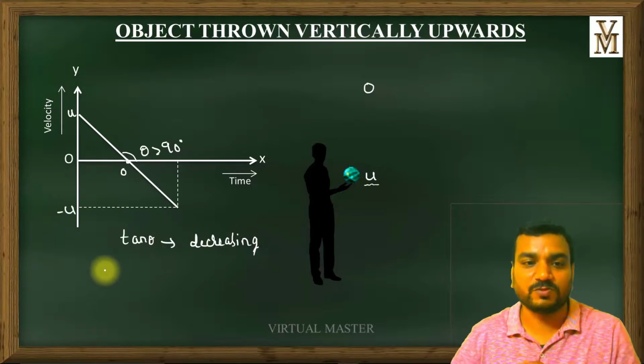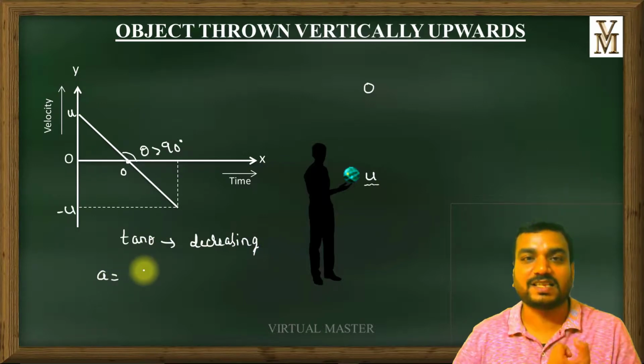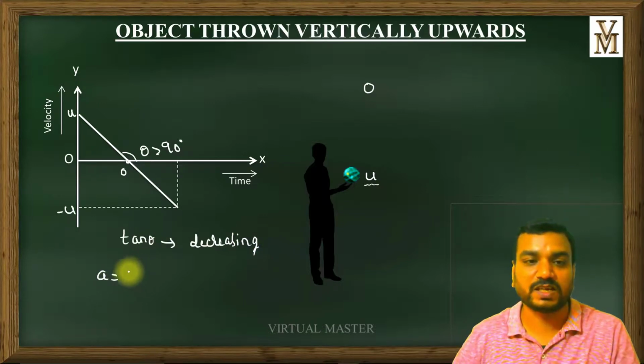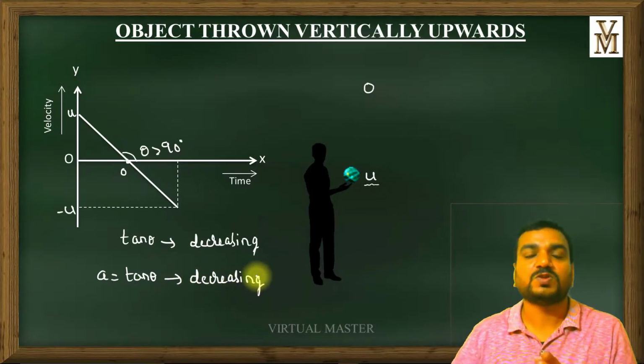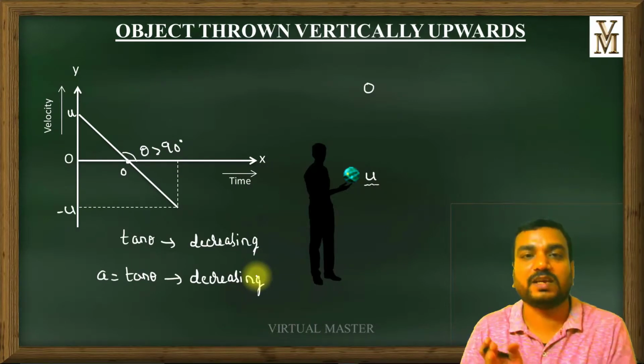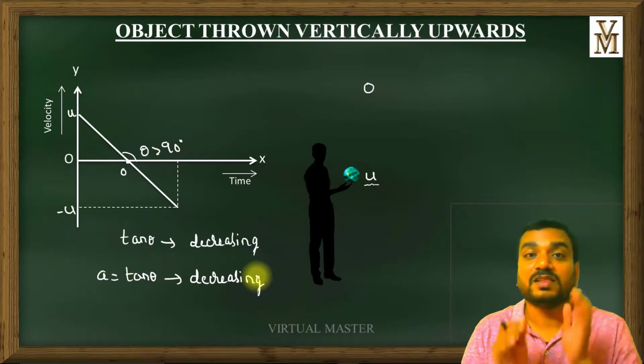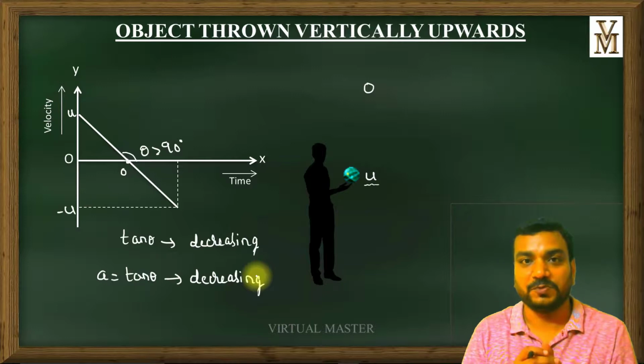We know the formula for the acceleration, that is acceleration is equal to the slope of the curve. It is nothing but tan theta, and since tan theta is decreasing, naturally the acceleration of the object will also be decreasing. So whenever the object is vertically thrown upwards, the acceleration will be negative.